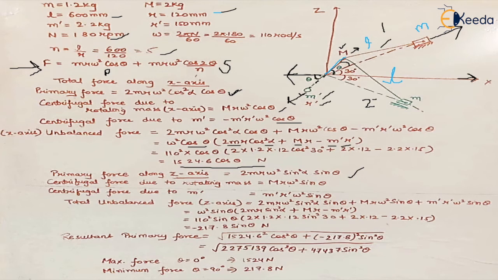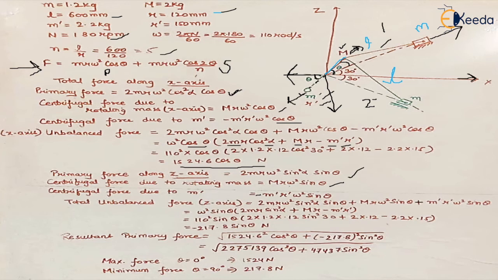Similarly, for the crank, because the centrifugal force is in this direction, its z factor will be mr omega square sine theta, and for the counter mass, it will be in opposite direction. So it will be minus mr omega square sine theta. So this will be subtracted, right? So we get the common.